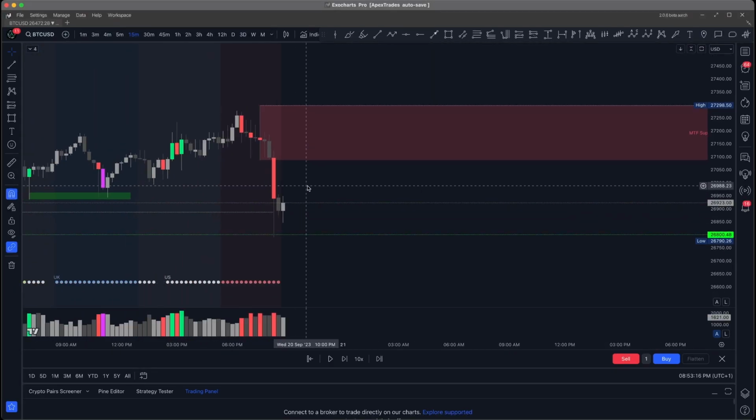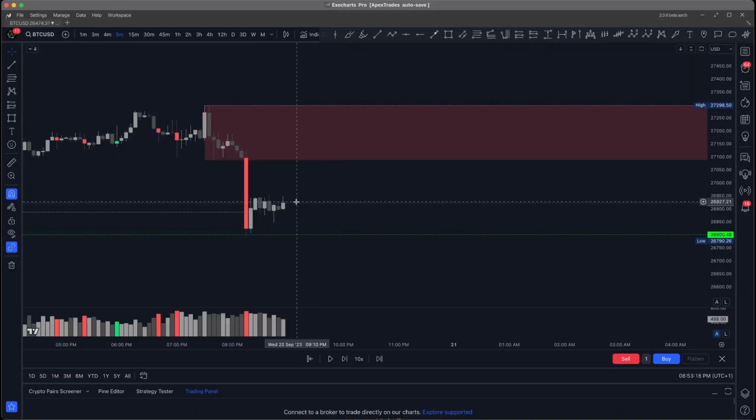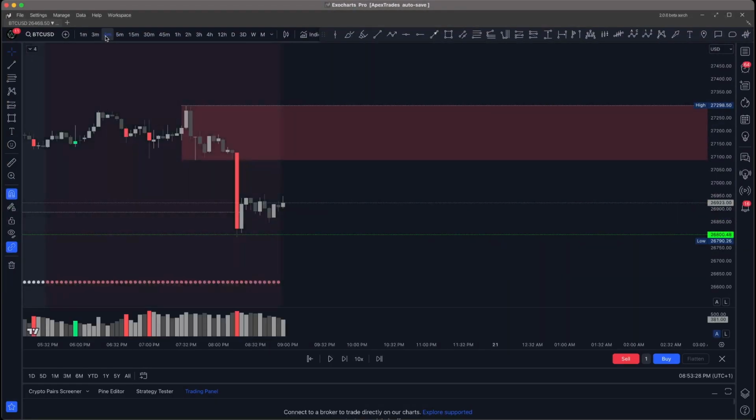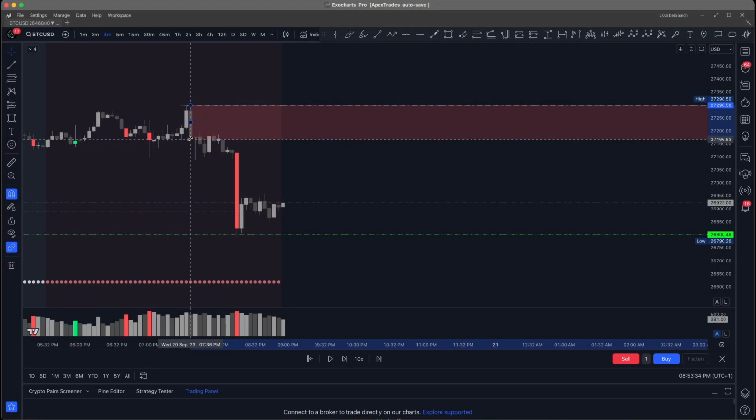It's certainly not clear. If we go a bit lower term time frame, it's not clear. Now it's clear. So you could argue that you could say that or that, but it's too small for me.